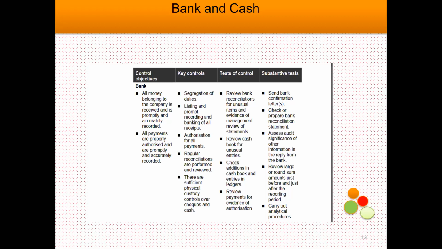In the substantive test, you send bank confirmation letters to check exactly how much they have in the bank. You also assess the audit significance of other information in the reply from the bank. You also check bank reconciliation here. So these are substantive tests.